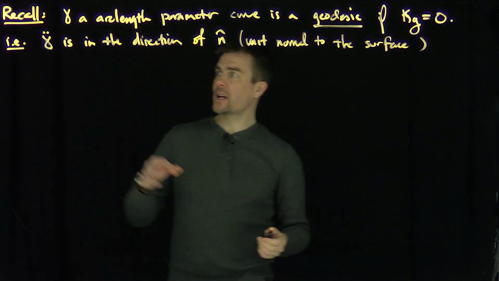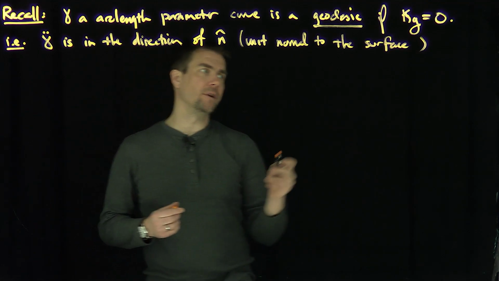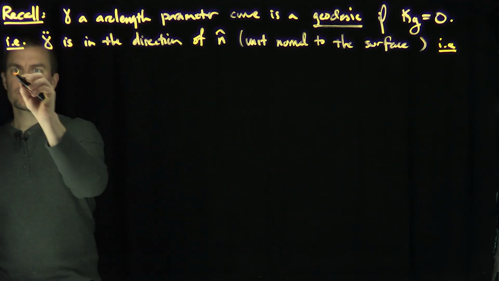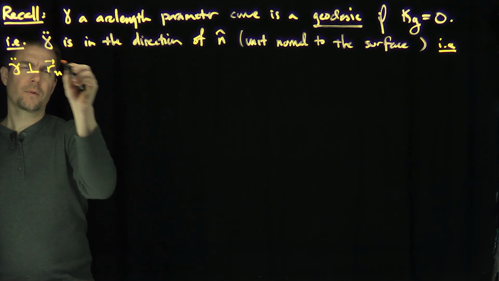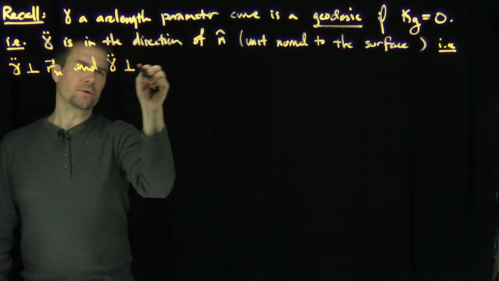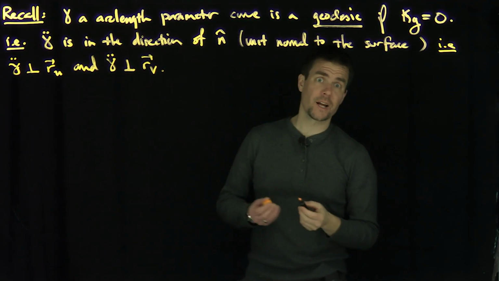And so what that tells me is that gamma double dot is perpendicular to RU and RV, right? So, i.e., gamma double dot is perpendicular to RU, and gamma double dot is perpendicular to RV, like that. Beautiful, okay? Because RU and RV are in the tangent space.